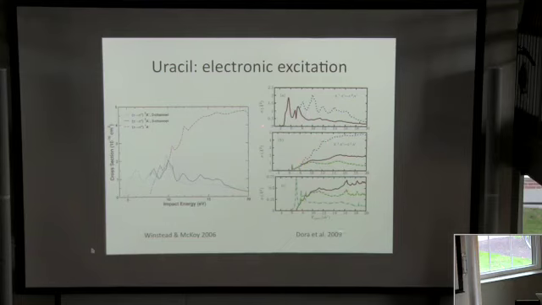Now, here's some recent results that Jonathan, in 2009, really, Dora and Jonathan published. And if you compare results that he's gotten for the excitation of the triplet state with these results, which would be the only results that we have for the triplet, you can see the comparison is quite reasonable.